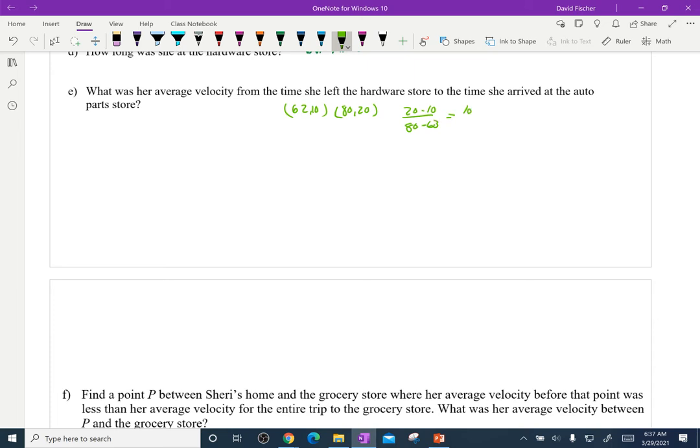This was 62. I get 0.55 miles per minute, but again, I don't want per minute. When we do speed of an auto, we do it per hour. So I'm getting 33.3 miles per hour.